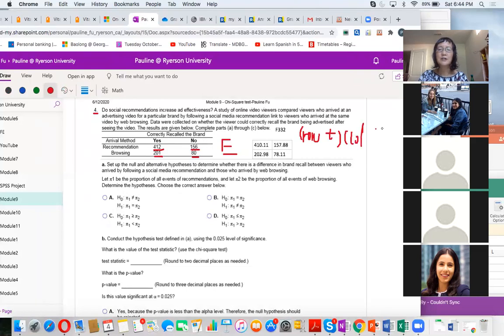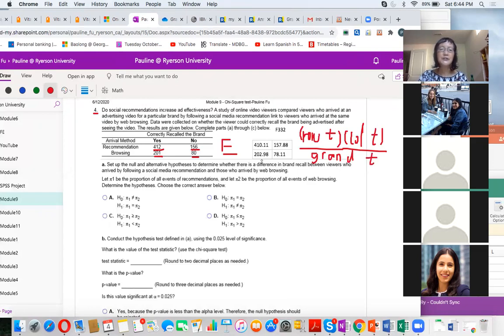Column total: you add 412 with 201, that is the column total. And then divided by grand total. Okay, grand total. That is the expected value.